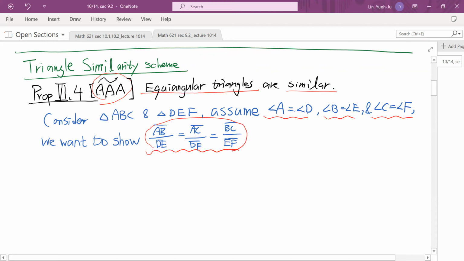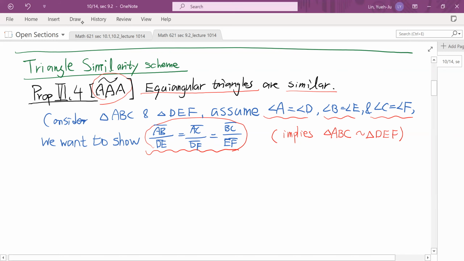Because now you have the equiangular and also the proportional sides, what we obtain is that triangle ABC is similar to DEF. If it's only the assumption that the three angles are corresponding equal, then this is not a similar triangle yet. But we actually can prove you only need to have three angles to be equal like this.